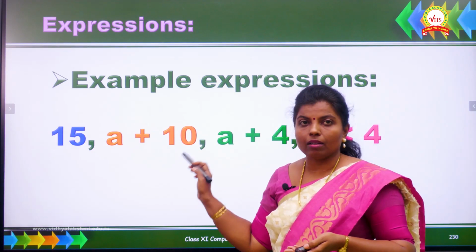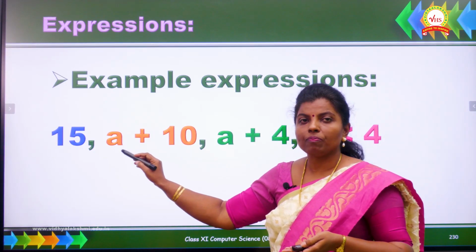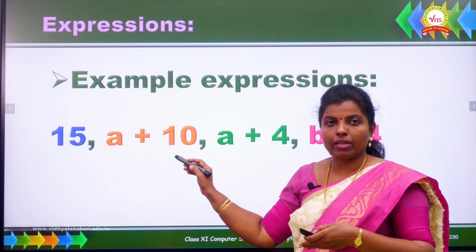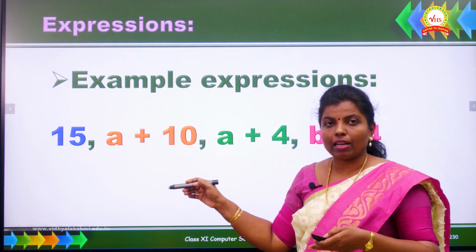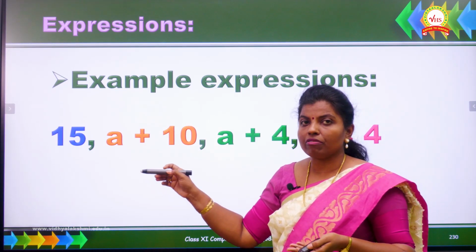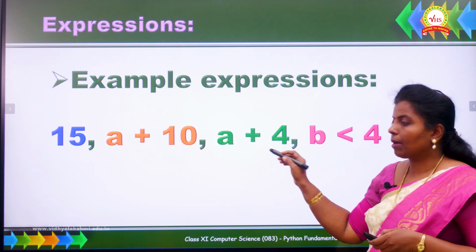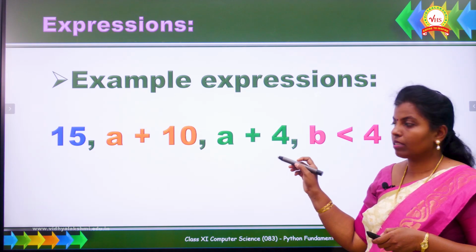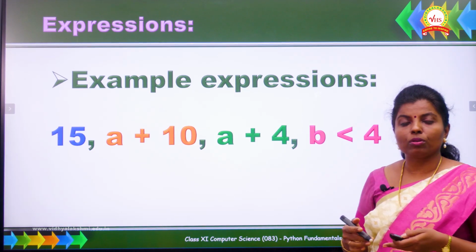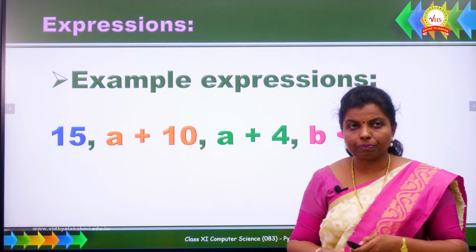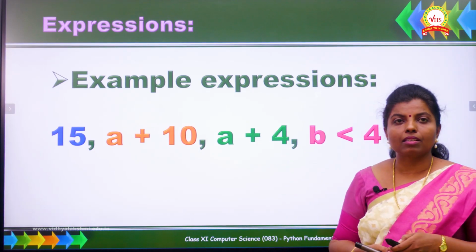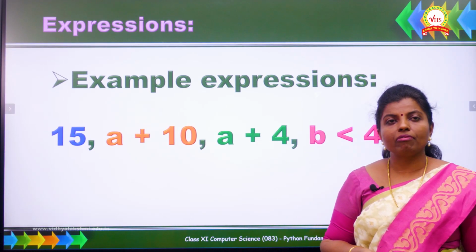So these are legal because a may hold a value. That value can be added with the number 10. So it may produce a value, okay, any legal combination of values. So here it becomes valid, and also we have a plus 4, this is also a valid expression. Even b less than 4, this also will give us a value. So this also becomes a valid expression of Python.